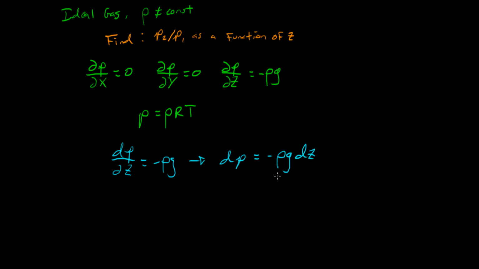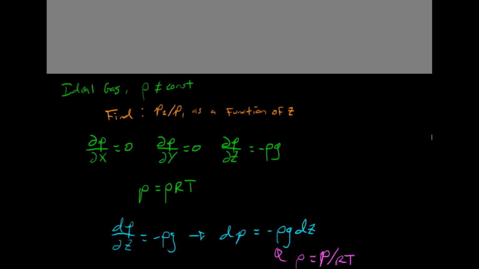But for an ideal gas, the density here can come from the ideal gas equation of state, right? Rho is equal to P over RT. And so what that substitution gives us is a new thing that looks like dP is equal to minus P over RT g dz.